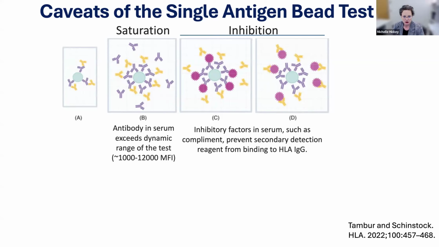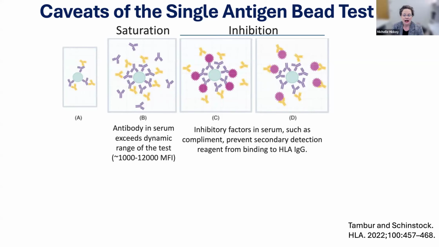The dynamic range is noted there. It's around 1,000 to 12,000 roughly MFI, and above 12,000 to say 15,000, you can't tell if an antibody is strong or really, really strong, for example.